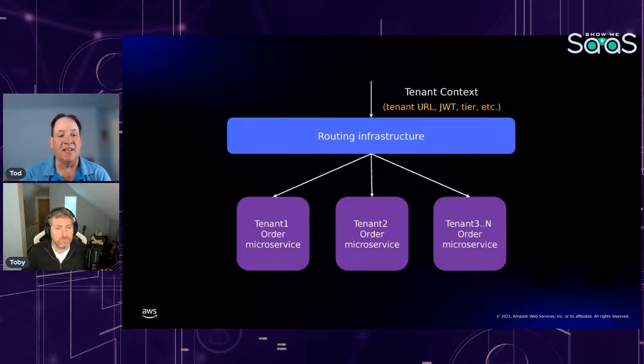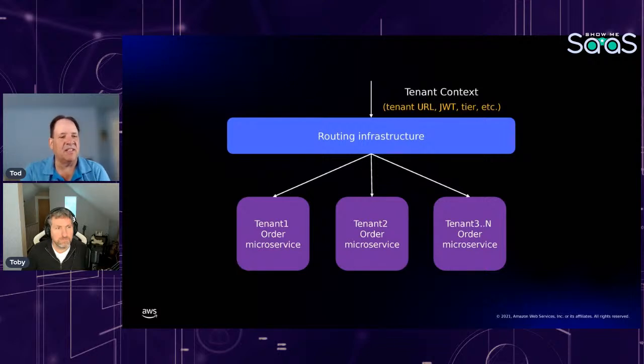So now my routing doesn't just need to know, hey, you're tenant one and everything for tenant one goes here. It has to say, oh, you're tenant one and you're making a request to the order service. Oh, you have a siloed order service, so I need to route to that specific one. Or tenant 3, you're a pooled tenant, I'm going to route you to this shared microservice. And I feel like that is a nuance that we don't usually even get into.